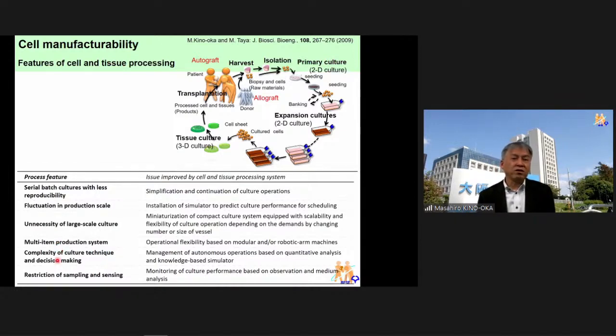And the complexity of the culture technique and decision making is very difficult. We need the expert. There is also restriction of sampling and sensing. Due to the limitation of the number of cells, we cannot measure the gene or protein during the process.